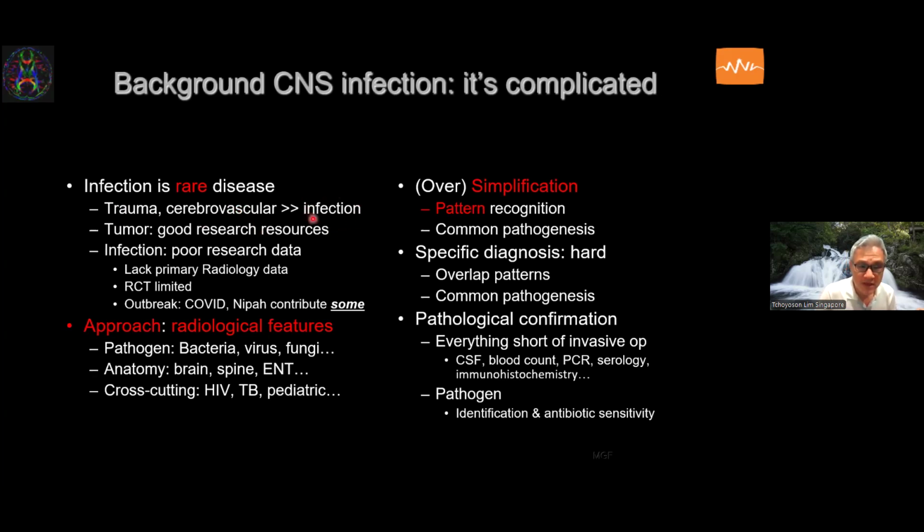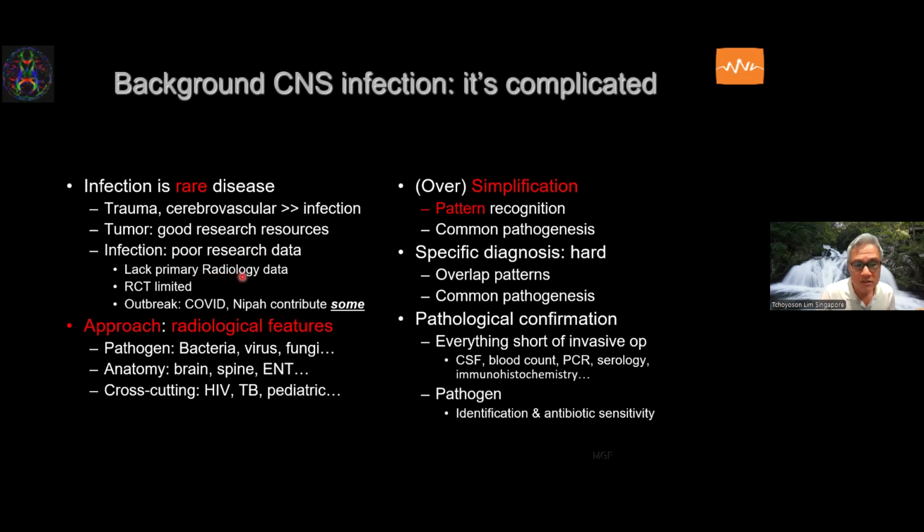Amongst all these pathology textbook chapters that we come across, infection is very much rarer. Tumor is also very unusual, but there is a great deal of research, funding, resources, and a lot of projects to look for perfusion, DTI, spectroscopy, to study tumors, not so much for infection. It has very poor research data, especially in terms of primary radiology data.